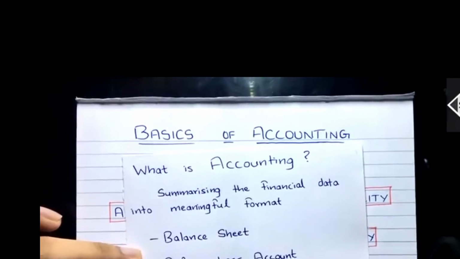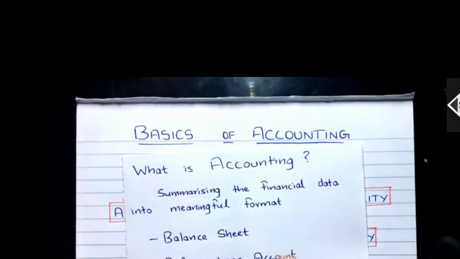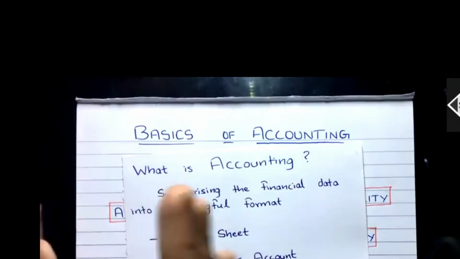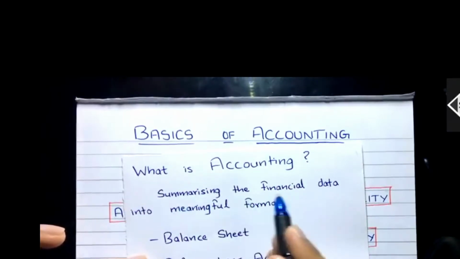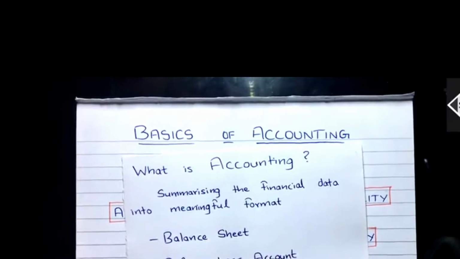Financial performance, what is the profitability, how well the business is doing. So this is the meaningful format. So what is accounting? Accounting is nothing but recording, classifying, and summarizing the financial data into a meaningful format. That's all accounting is.